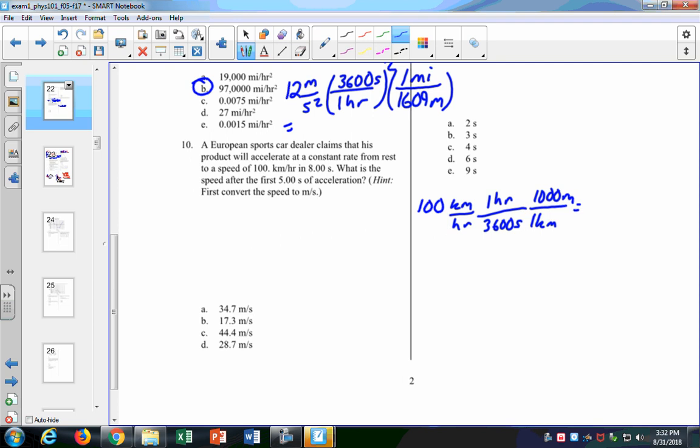And so that's equal to 100,000 divided by 3,600. 28 meters per second. Is that right? No, 27.8 meters per second.